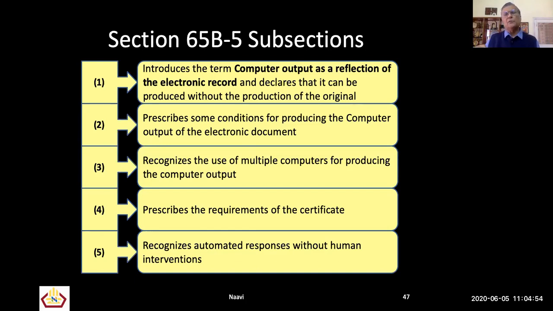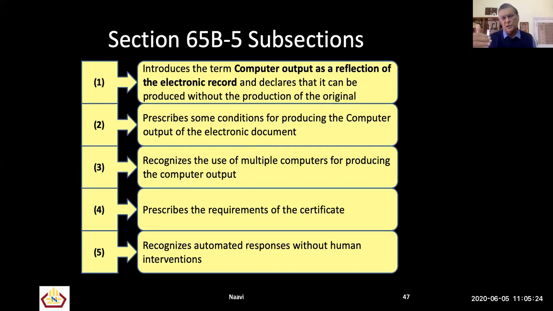Many people say that if I'm taking the document from Yahoo, then the Yahoo admin is the lawful owner of the computer in which the electronic document exists. That is not the intention of Section 65B. It is when the computer output is produced, whoever produced that computer output should be the lawful owner of that computer, and the particulars of that device and the process have to be mentioned in the certificate.